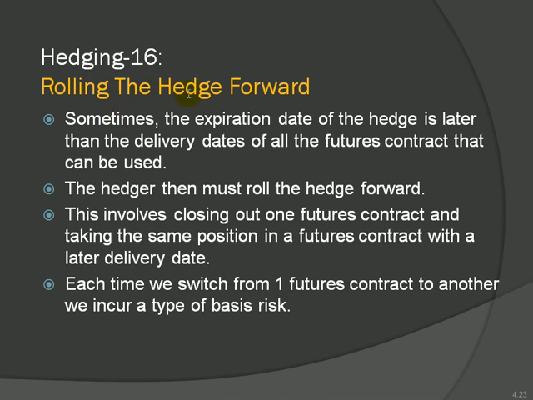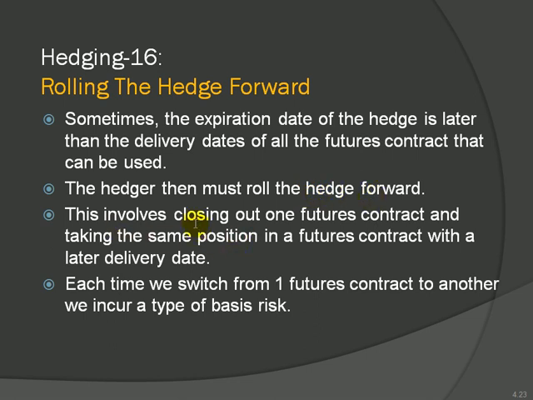And lastly, we're going to briefly talk about rolling the hedge forward. Sometimes the expiration date of the hedge is later than the delivery dates of all the futures contracts that are available. Then you're going to have to roll it over. The hedger has to roll the hedge forward.